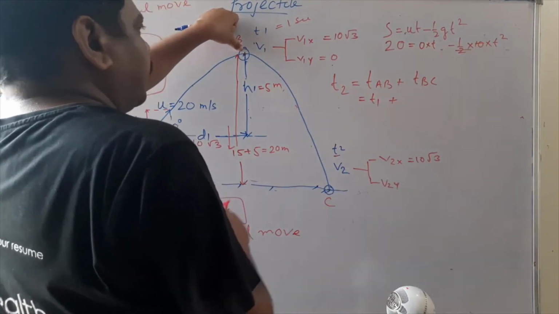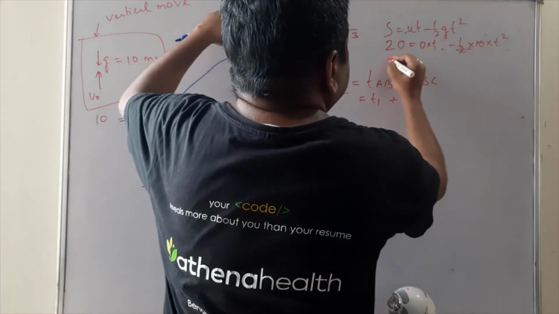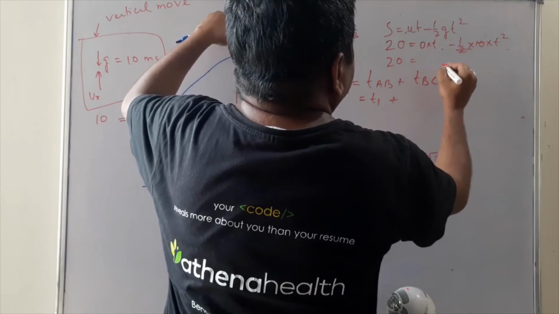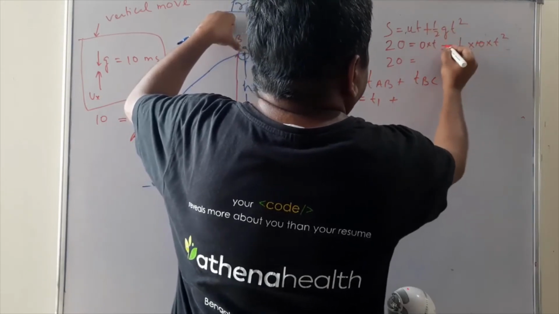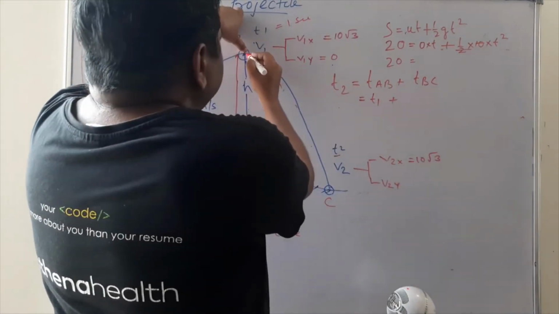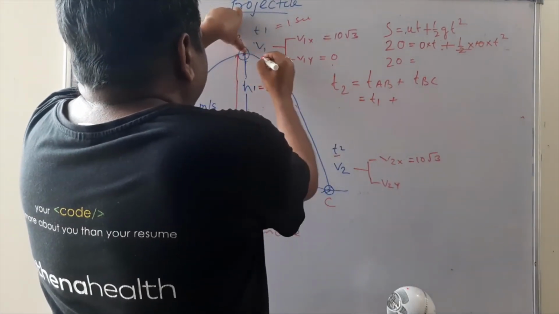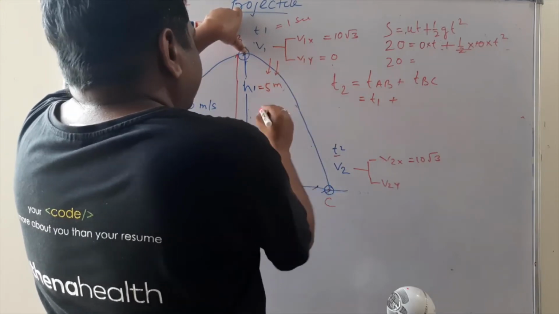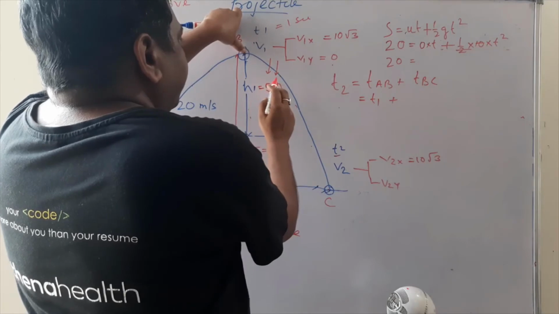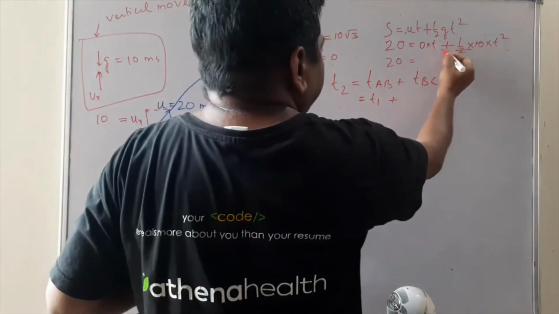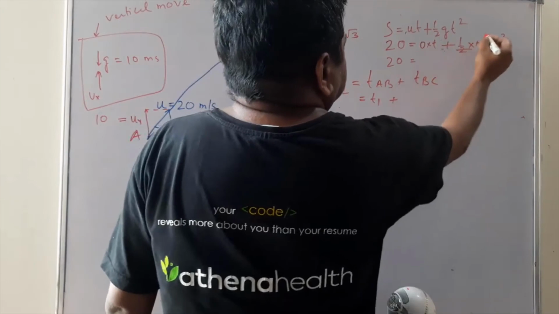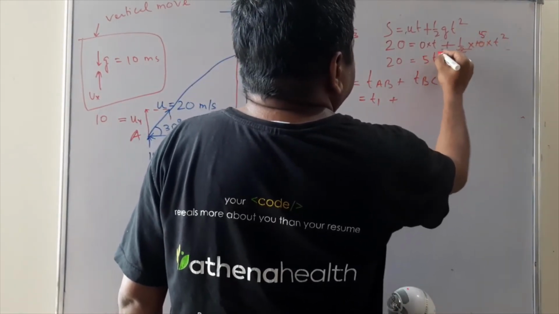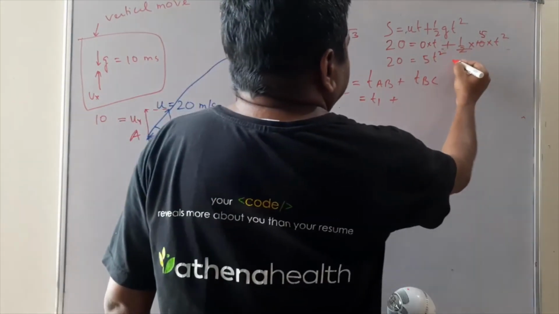So now this comes to 20 equal to, this is plus. Why is this plus? Because from these points the y component of velocity is in this direction and g is also in the same direction. g and vy are in the same direction, so this will be plus. So 20 equal to 5 t square, right?